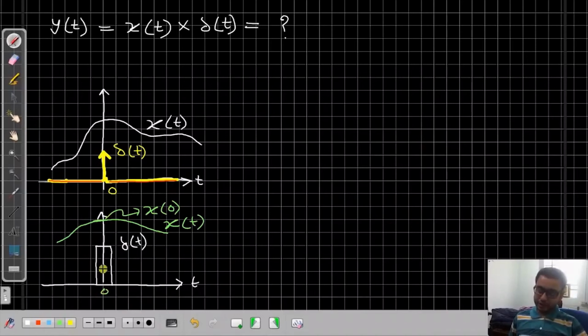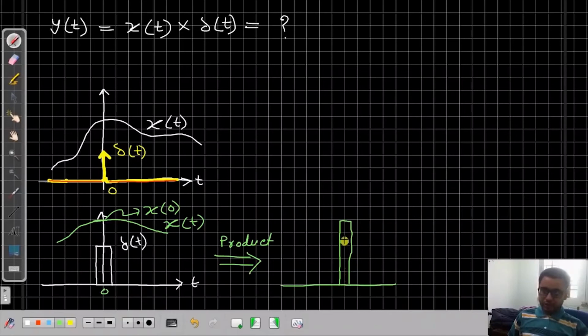Now if you multiply these two signals, the product will look like delta(t) being multiplied by the constant x(0). So the product will be taller than delta(t), and therefore the area under this curve, which is delta(t) multiplied by x(0), will be x(0).